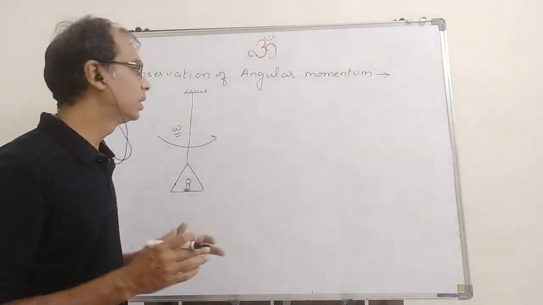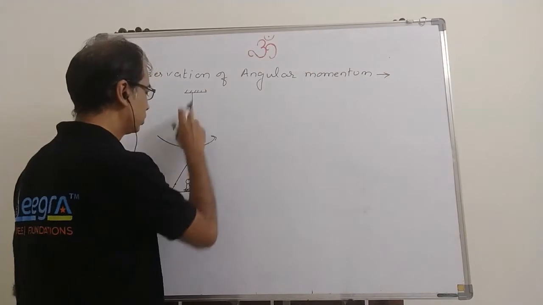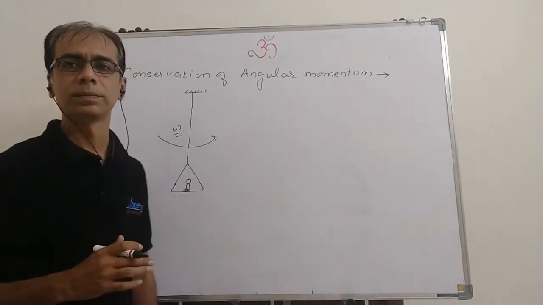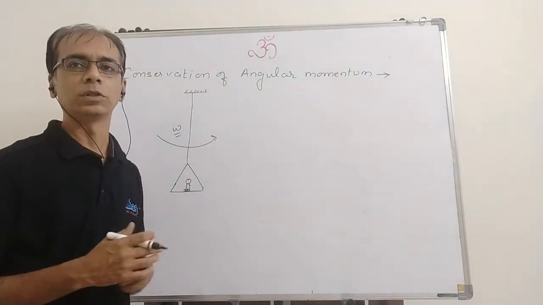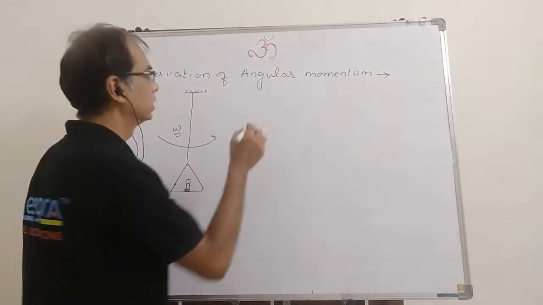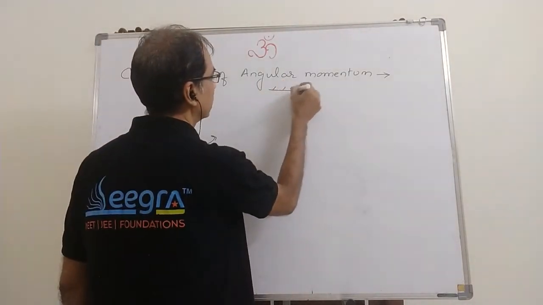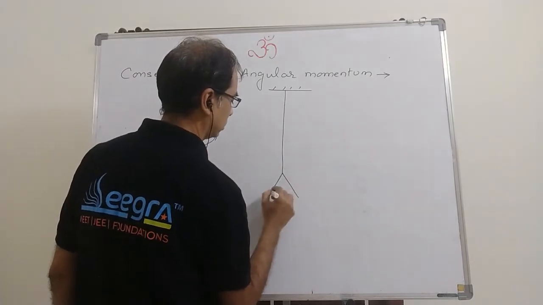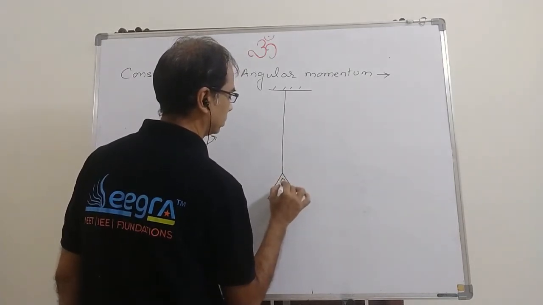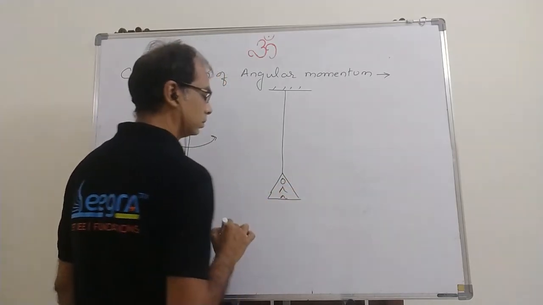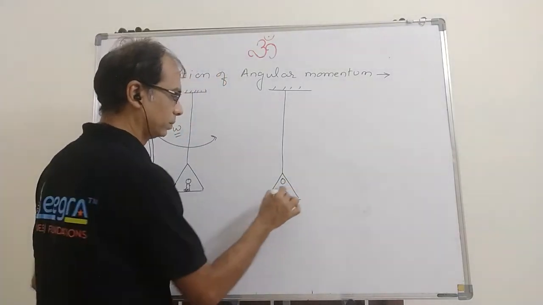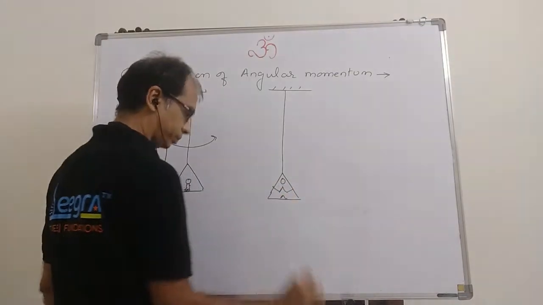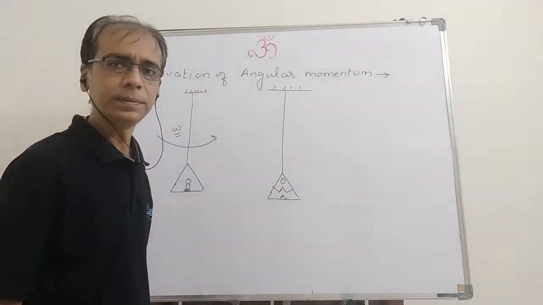So somebody told him that when it is reaching here, stand up on the swing. So what he did is, he did something like this. He's holding it and he stood up.